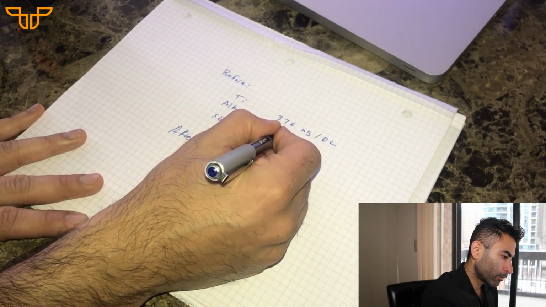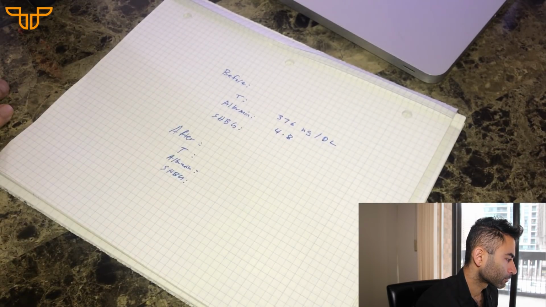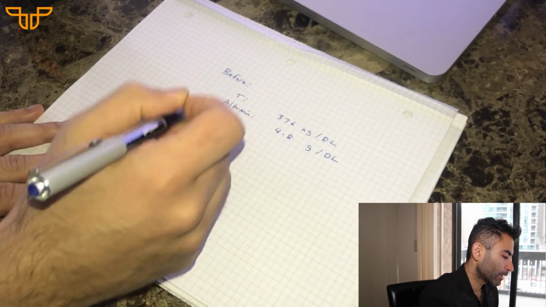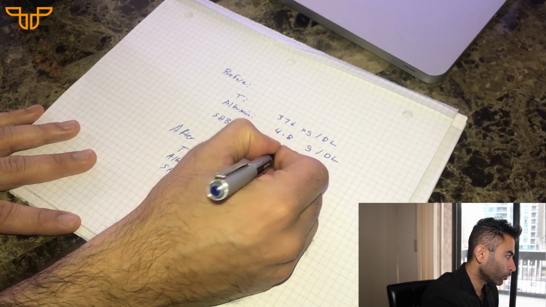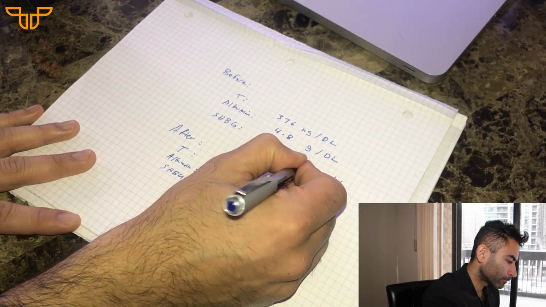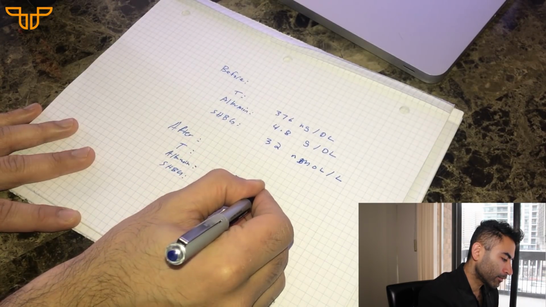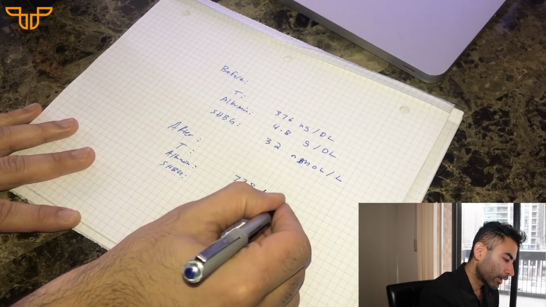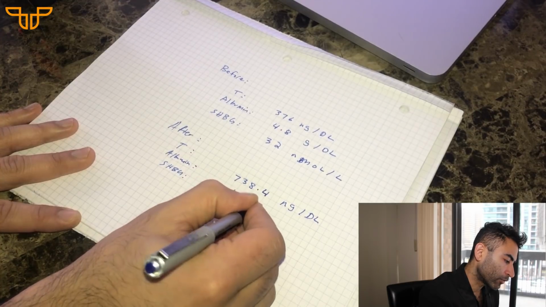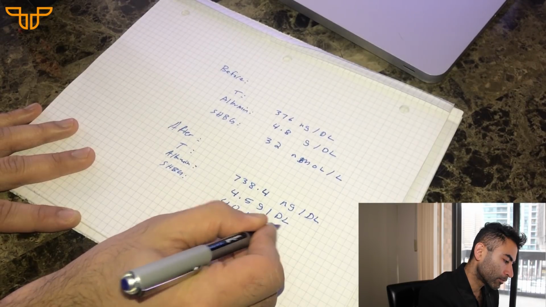Albumin was 4.8, and the unit is grams per deciliter, and SHBG was 32 nanomoles per liter. Okay? After, testosterone is 738.4 nanograms per deciliter. Albumin is 4.5 grams per deciliter. And SHBG is 40 nanomoles per liter.